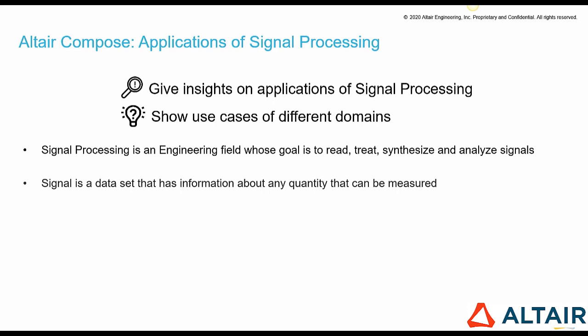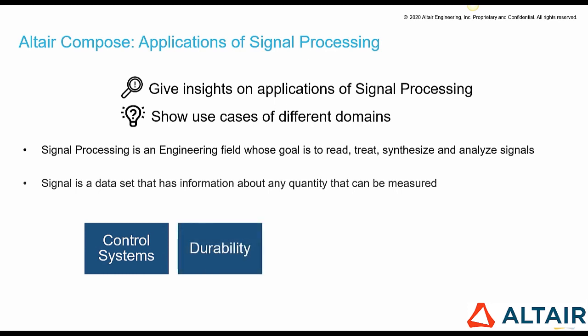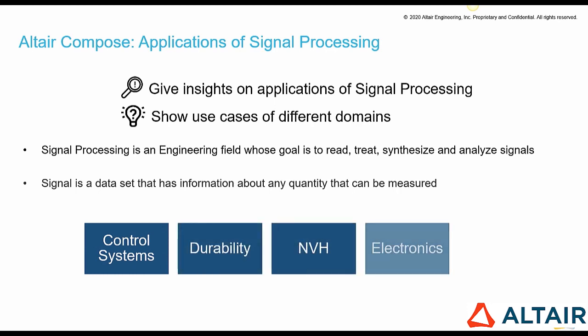And that's why this engineering field has so many applications, like control systems, durability, NVH, electronics, and many others. And today we're going to talk a bit about applications in these domains here.